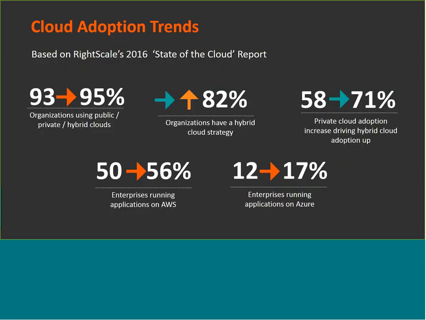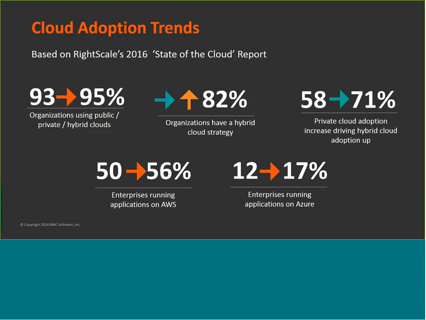When we think about the adoption rates and state of the cloud types of conversations, RightScale's last State of the Cloud report brought up several of these metrics: that 93 to 95% of the organizations are using some kind of cloud technology, whether it's public, private, or a combination of the two in the case of a hybrid cloud.